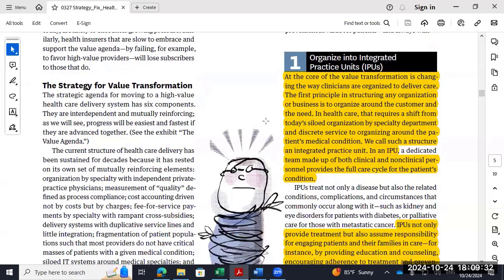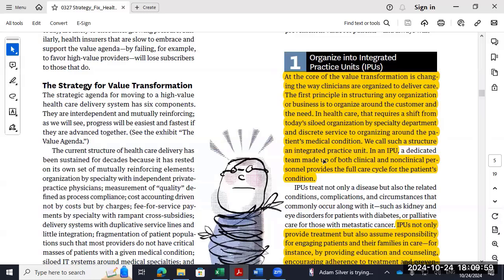All right, so let's talk about the first one. IPU is pretty critical to his argument. So the first principle is structuring any organization or business is organized around the customer. In healthcare that requires a shift from the siloed organization by specialty to organizing around the patient's medical condition. We call such a structure an integrated practice unit.